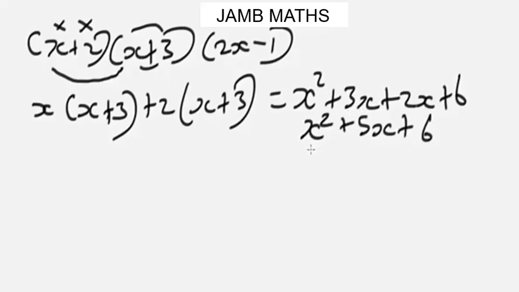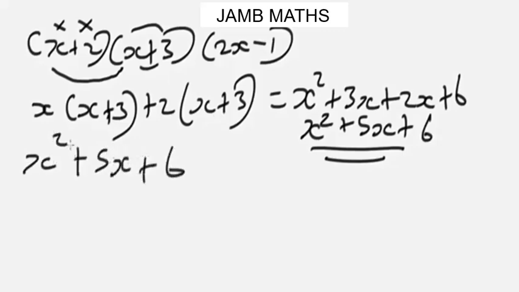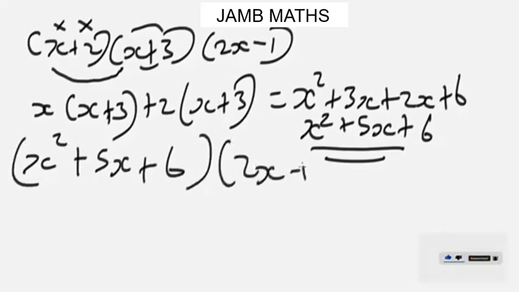When you arrive at this, you can now multiply this quadratic expression, x squared plus 5x plus 6, with this linear expression, 2x minus 1. This is basically the next approach to follow.